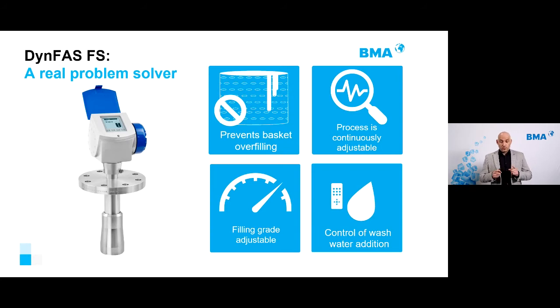Of course, we are controlling the addition of washing water in half a second in real time. And this is very important because with this technology, we are resolving the problem that we have shown, and a problem which probably we don't know yet.